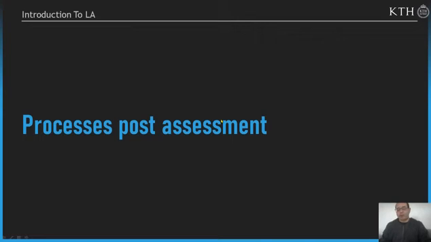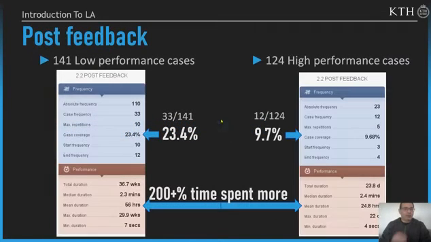Now, processes post-assessment. There are three cases that we are going to consider, which are post feedback, post comments, and also create notes. Focusing on posting feedback, there is a significant difference in terms of frequency and case coverage.